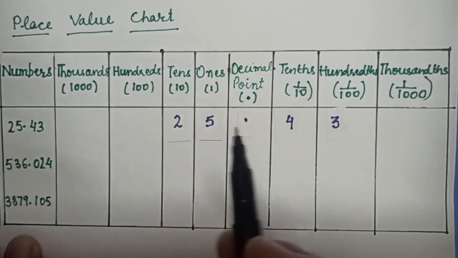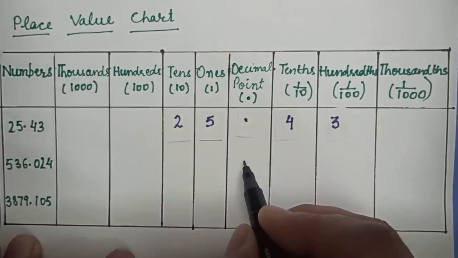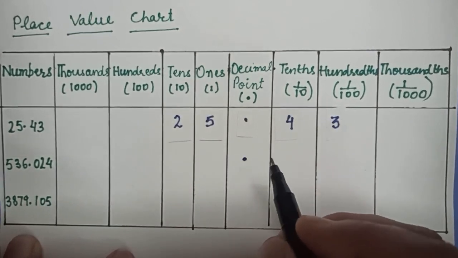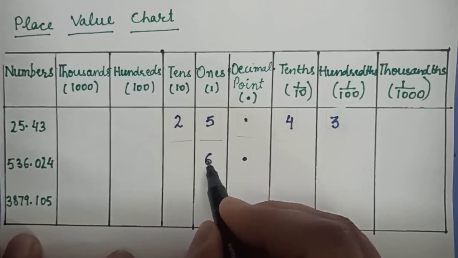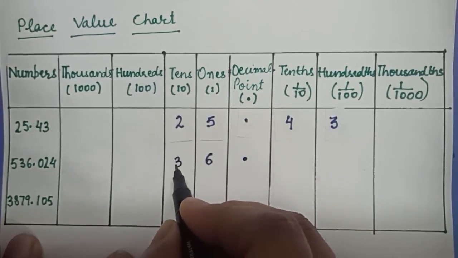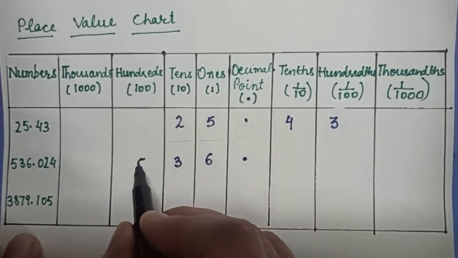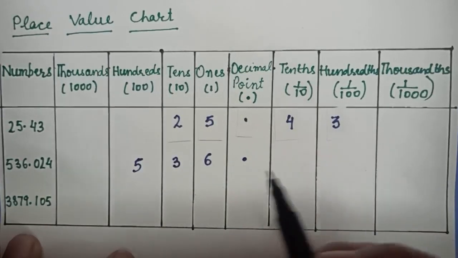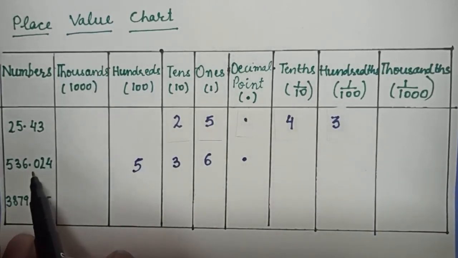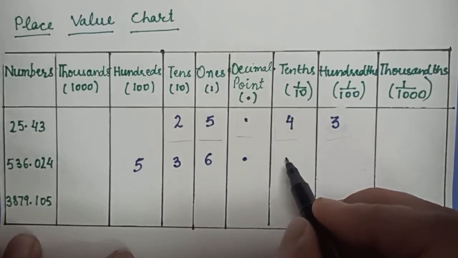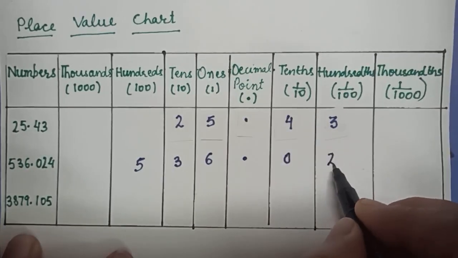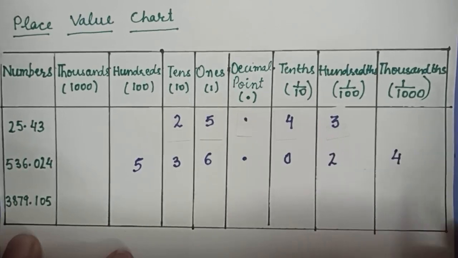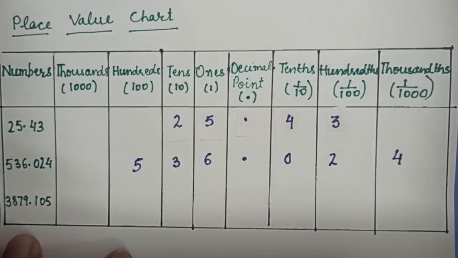Now let us do the second example, 536.024. Again, decimal we will write below decimal. So 6 will be at ones place, 3 will be at tens place, and 5 will be there at hundreds place. Now this 0 will be there at tenths place. So we will write here 0, then 2, and then 4. This way we are getting the places of these digits.